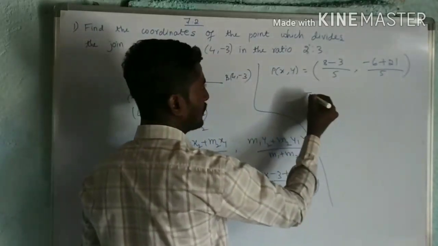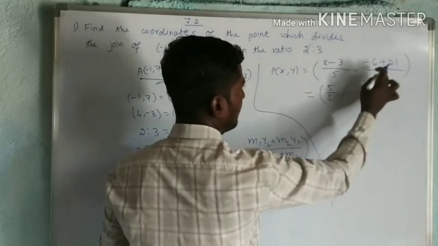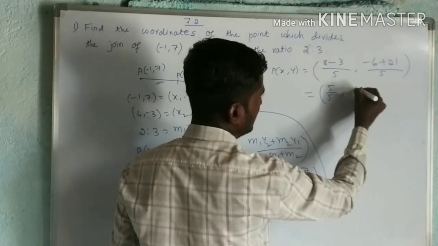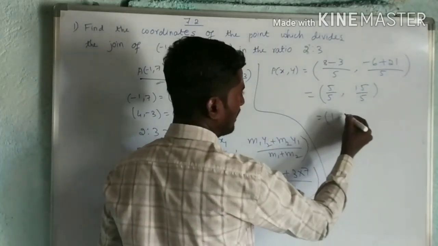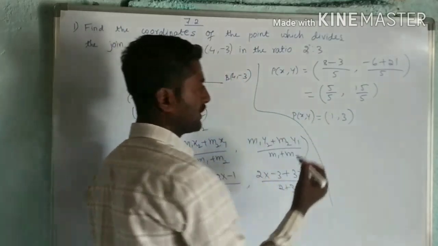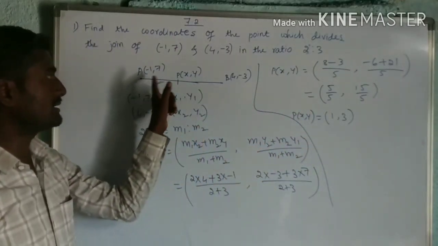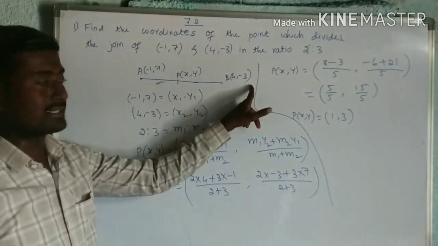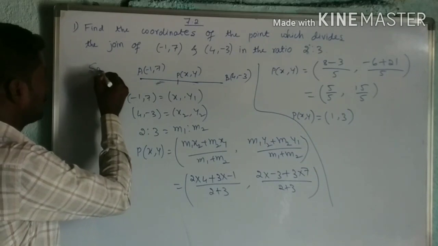This is equal to 5 divided by 5, comma, 15 divided by 5. Now this is (1, 3). So P of x, y we are getting as (1, 3). It means the point (1, 3) divides the line joining points (-1, 7) and (4, -3) in the ratio 2:3. This is how we can solve this.